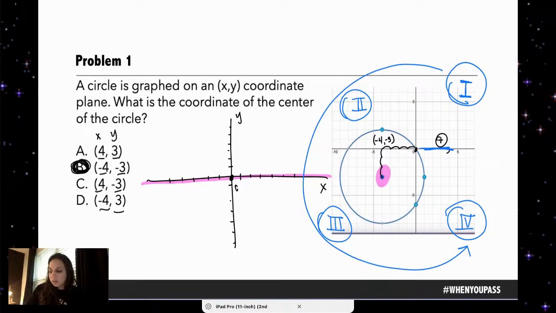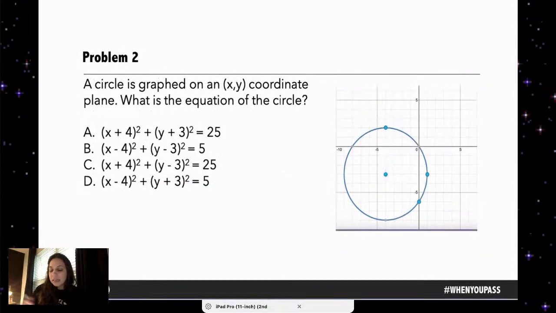All right, let's go to problem 2. It's another circle. It's actually the same circle, but this time they asked for the equation of the circle. So before we can do this, we need to know what the actual formula is for the equation of a circle.